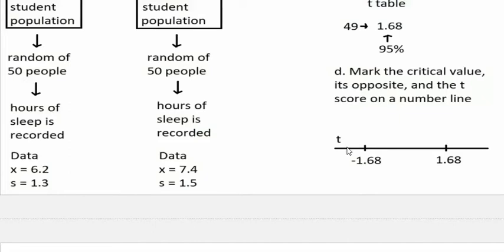If the t-score is in this right area, which is the positive rejection region, you conclude that the mean of population 1 is higher than the mean of population 2 confidently. And if the t-score is between the two critical values, which is the area called the non-rejection region, you just say that you're not confident enough to say that there's a difference between the two population means.